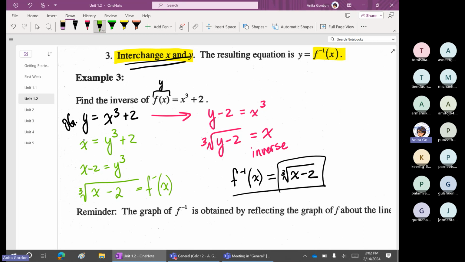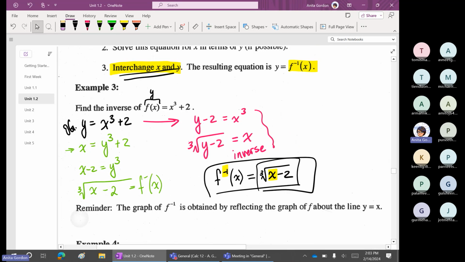So if you're going to swap first and solve for y, or if you leave it as is and solve for x, just make sure in your final statement you are writing it as an inverse. And because we are graphing this, we want the variable to be x, but we need to make sure that we are identifying that this is the inverse. Okay, so there are many ways you can do it, as long as you differentiate what is the original function and what is the new function.